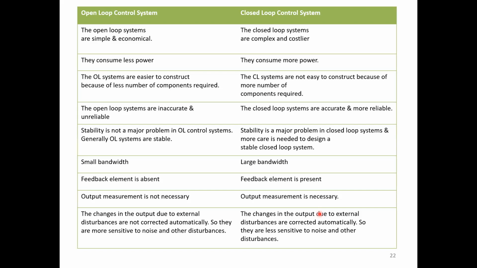So this difference is important for your assignment or exam, whatever it is. And I may ask you viva questions from here also. Like which consumes more power, open loop or closed loop system, which has a large bandwidth, and what is the main difference?